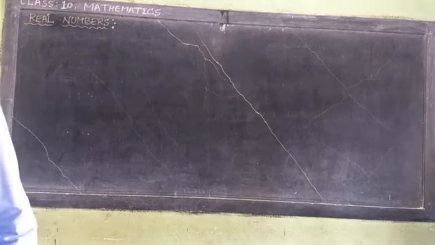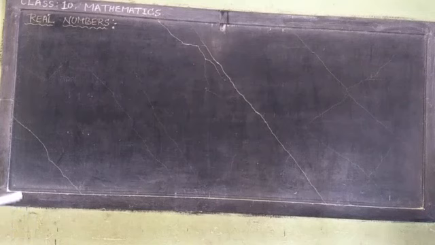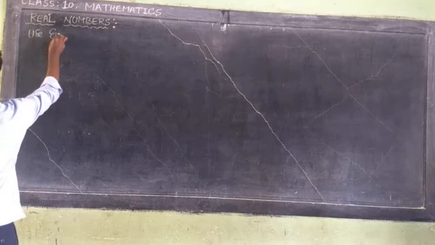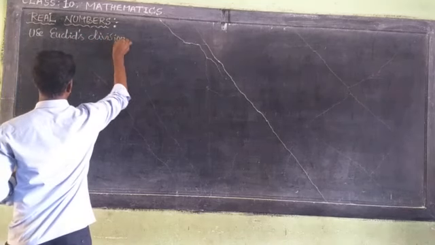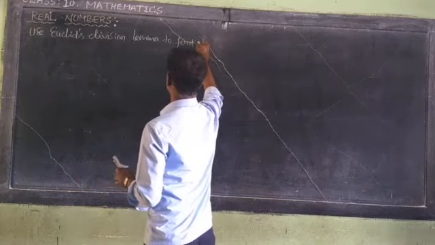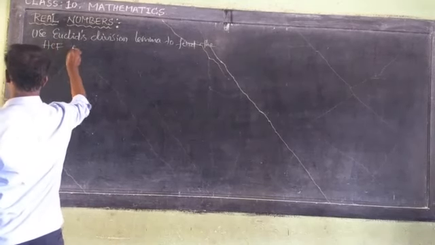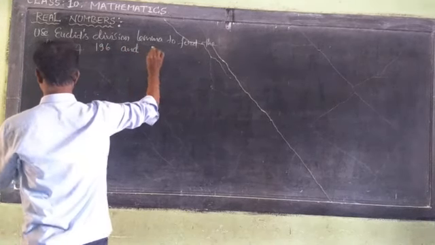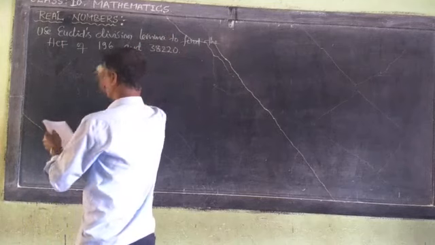The question is, use Euclid's division lemma to find the HCF of 196 and 38,220.